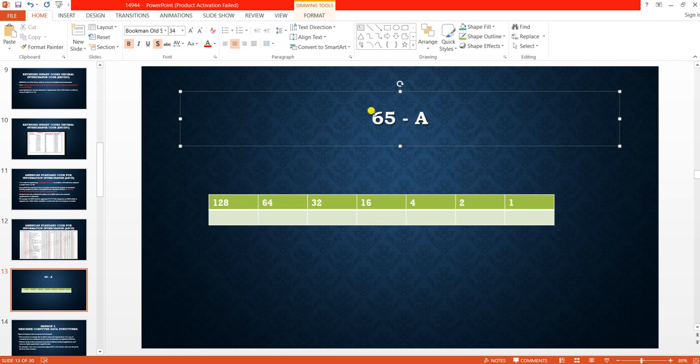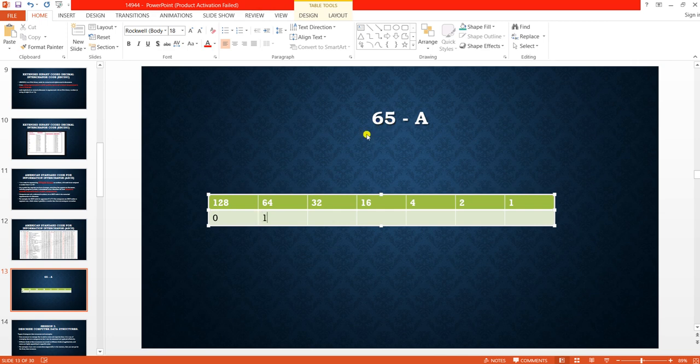So we use this formula. How many times does 128 get into 65? That has to be 0, so 128 does not get into 65. How many times does 64 get into 65? It gets in 1 time, and you take 65 minus 64, which gives you 1.